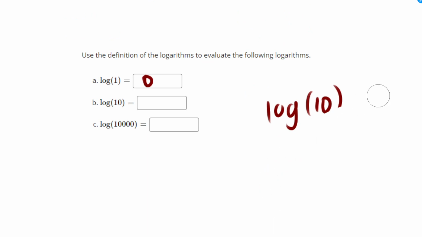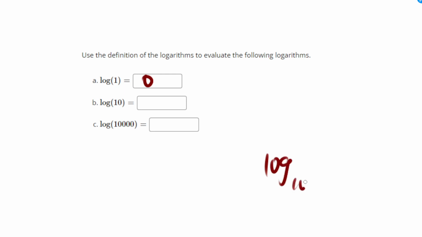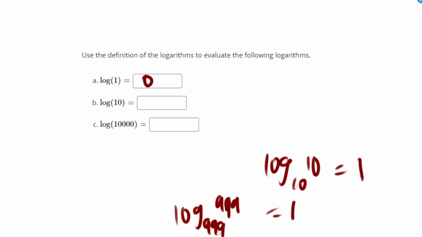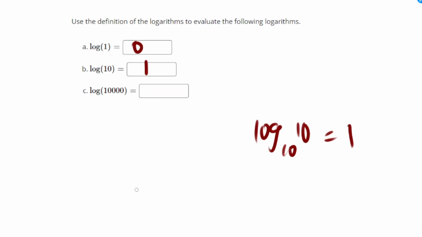So anyway, log base 10 of 10 is going to equal 1. Like if you have log base 999 of 999, it's always going to be equal to 1 if you have the same answer as your base. So 1.